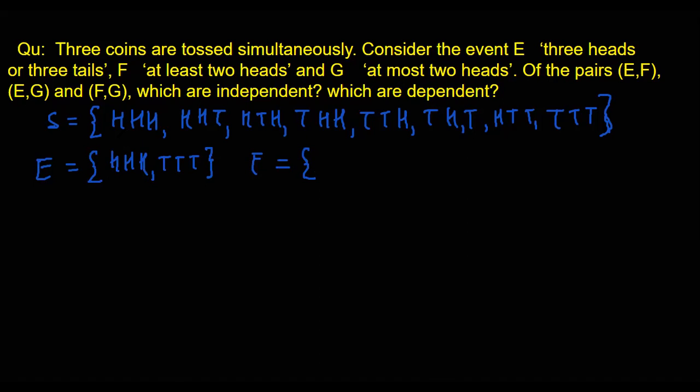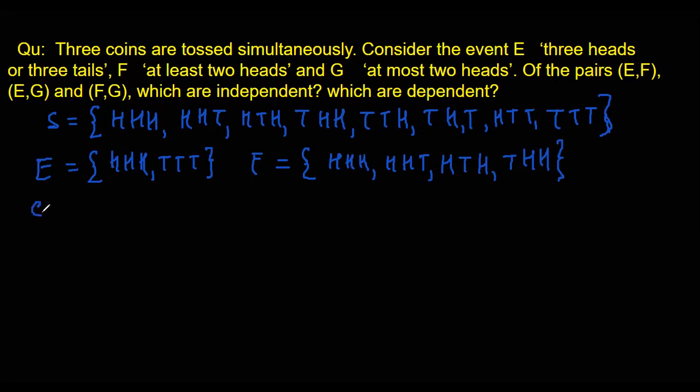F is defined as at least two heads. So at least two heads means it will have three heads also, and two heads and a tail, like head tail head. This is at least two heads.